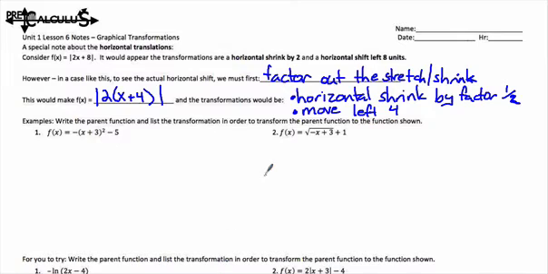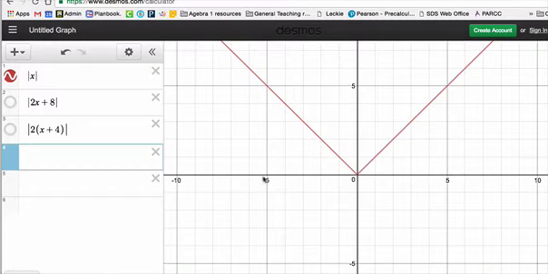But let's take a look at what this function looks like. Okay, here's our parent function, the absolute value of x. And we thought by looking at this that we were going to move left 8. But then we figured out that we actually need to factor this to find out where we're actually moving and how far.